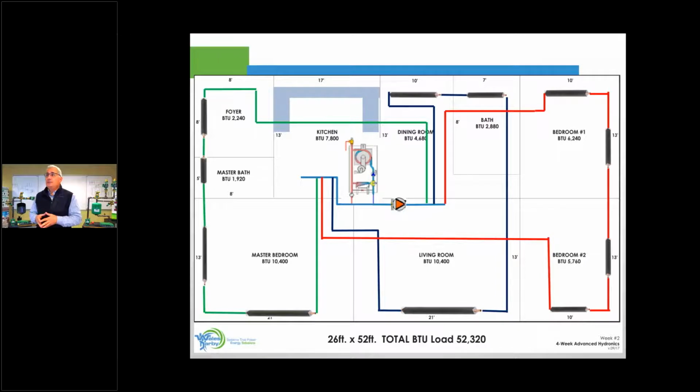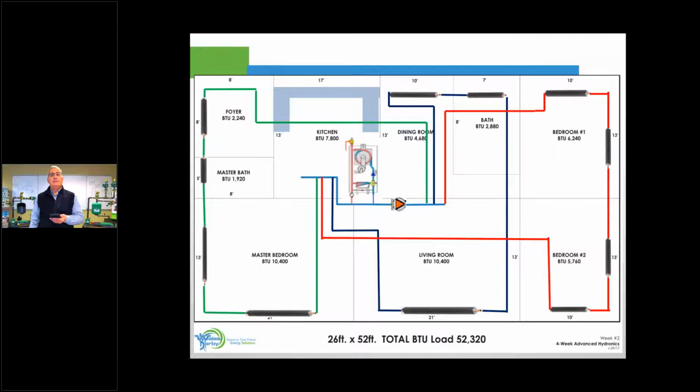So now the blue zone, which was the dining room, the bathroom, the living room, we add up all those BTUs. So let's do that together. 4680 plus 2880 plus 10,400 is 17,960 BTUs, right?